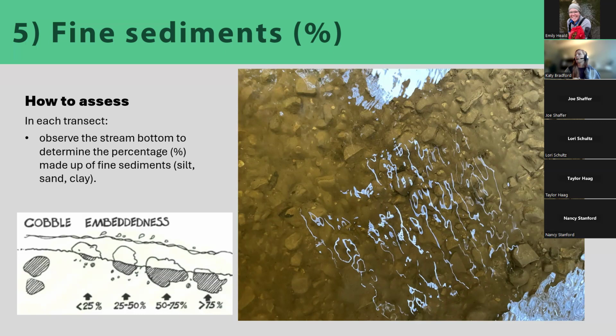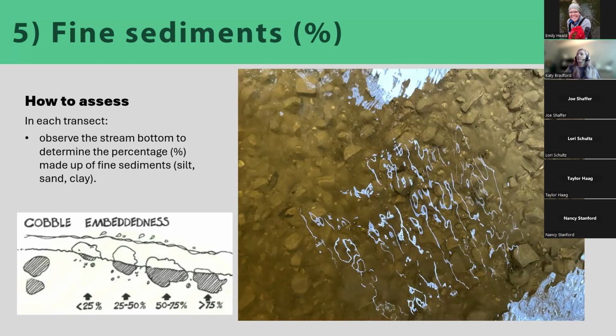This is loosely related to the idea of embeddedness. But I liked this illustration because it showed, okay, you might say a stream has 25% fine sediments if the rocks are pretty much showing up, like they're on top of any sediment. There's just not a lot of sediment there.